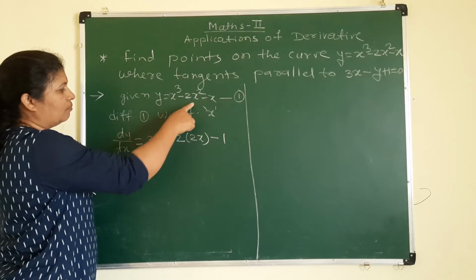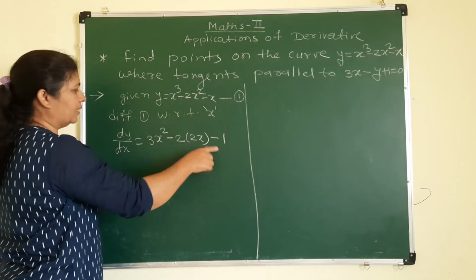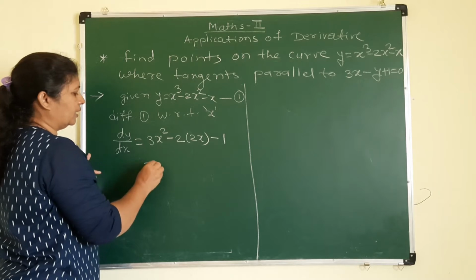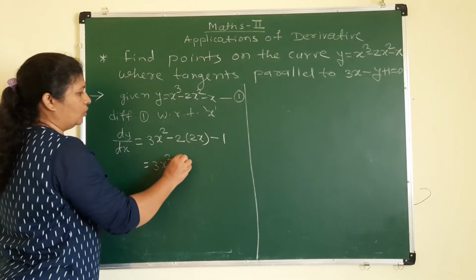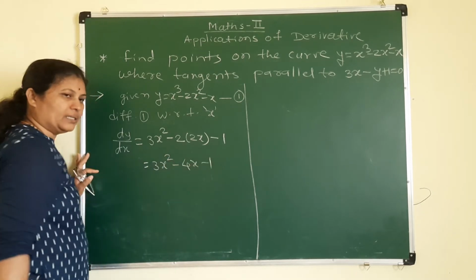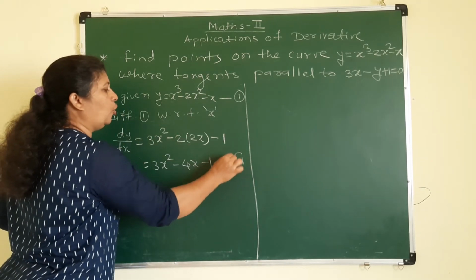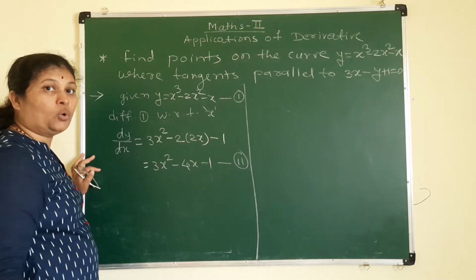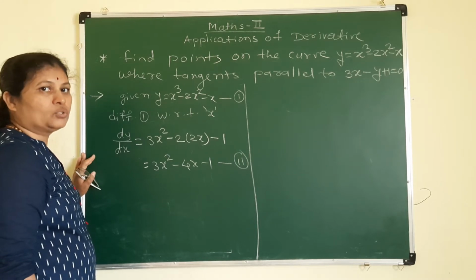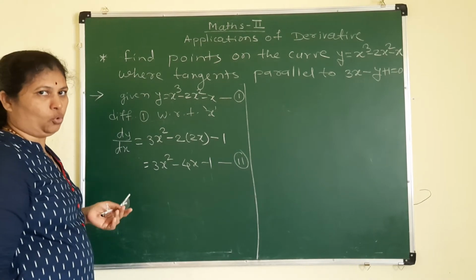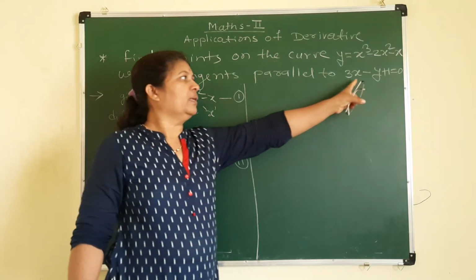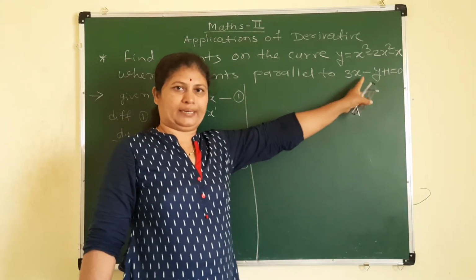So 3x square minus 4x minus 1 is nothing but the value of dy by dx. Now this value I will equate to the slope of the tangent, but I don't know what is slope of tangent. So first of all I will find the slope of tangent using this line.